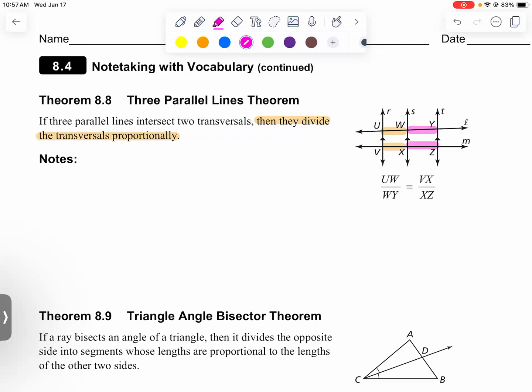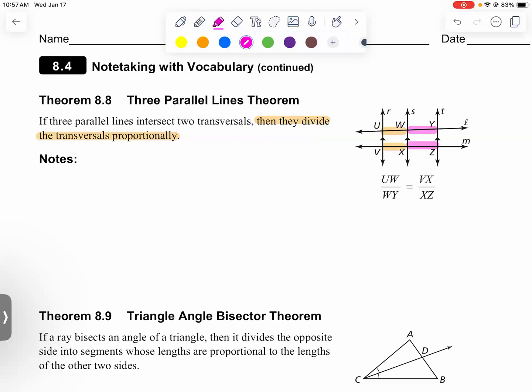W divided by WY would equal. And look at this, it says exactly that right there.